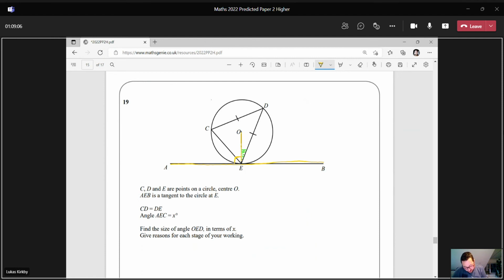So the first thing I'm going to say is that OEA equals 90 degrees because a radius meeting a tangent to a circle are perpendicular. Yeah, so they're always 90 degrees.